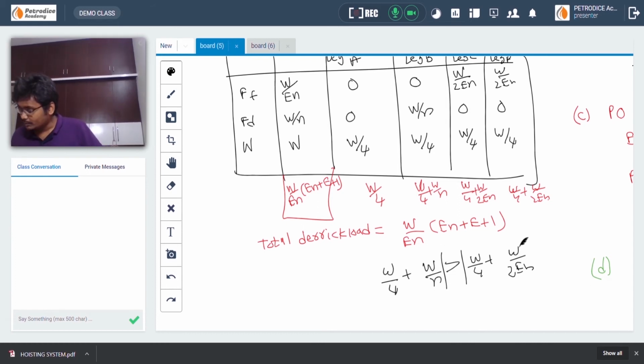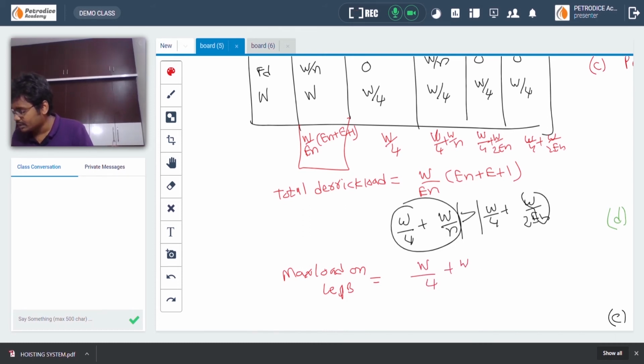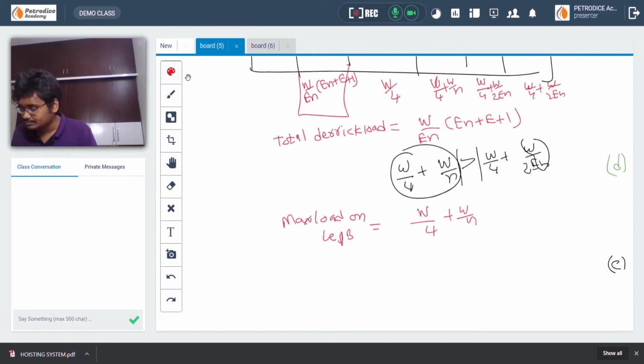Okay, so W by N divided by 1.6 is less than W by N. Okay, so this is the maximum load. So the maximum load is on leg B. Okay, max load on leg B is equal to W by 4 plus W by N, that will be W by 4N into N plus 4.